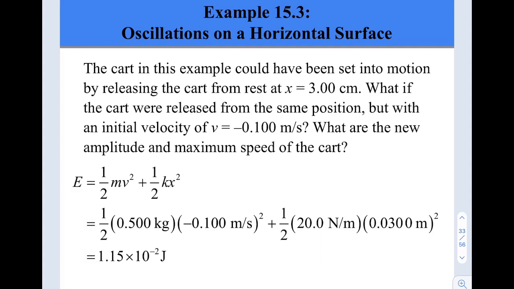Right, the car in this example could have been set into motion by releasing the card from rest at x equivalent to 3 cm. What if the card were released from the same position but with an initial velocity of negative 0.1 meter per second? What are the new amplitude and maximum speed of the card?